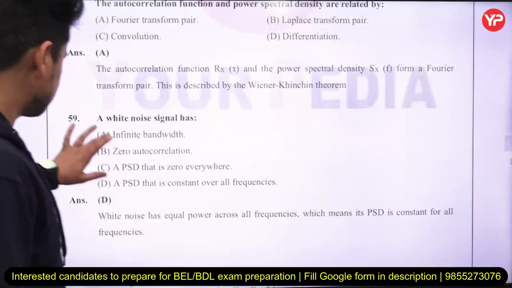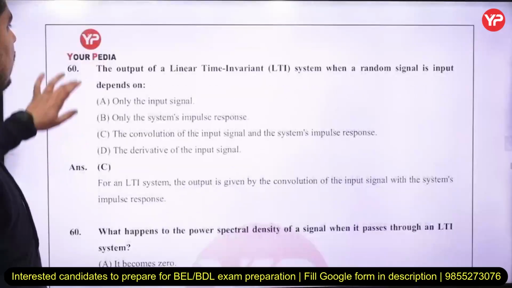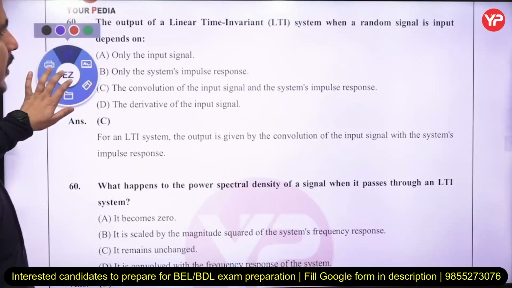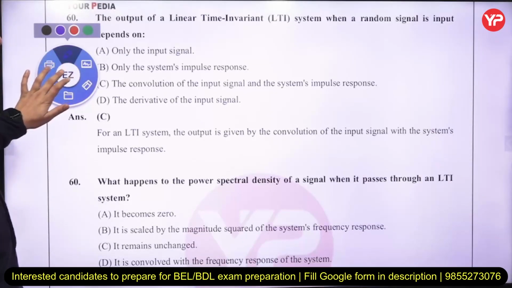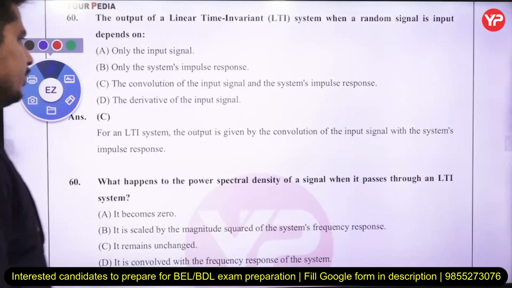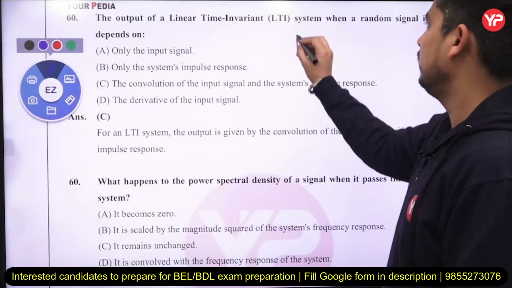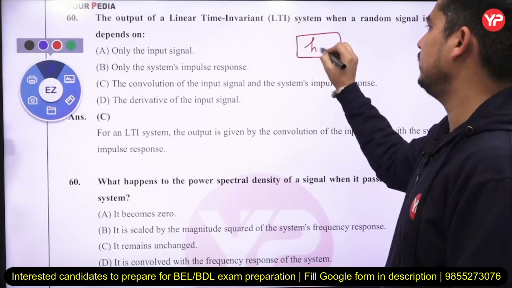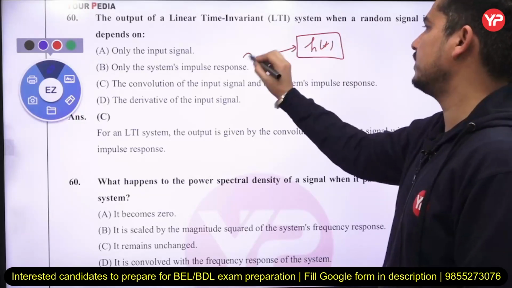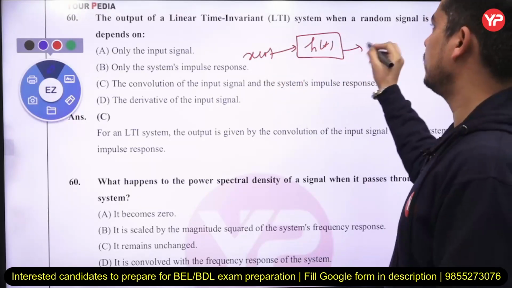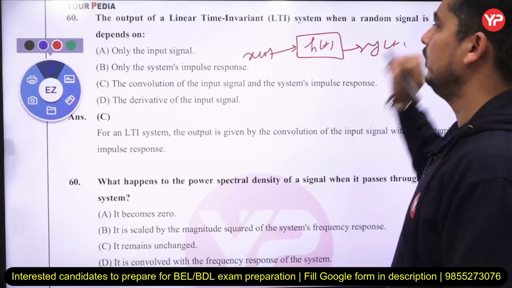Next, the output of a linear time invariant system when a random signal is the input depends only on what? Whenever you have a random signal at the input, let us take h(t) here, x(t) is a random signal and the output is y(t).